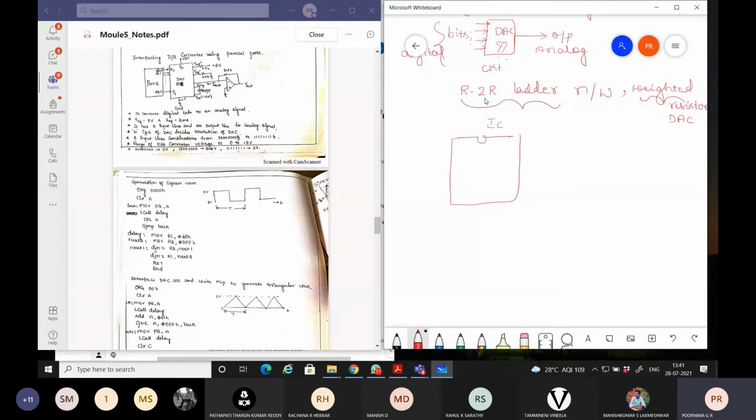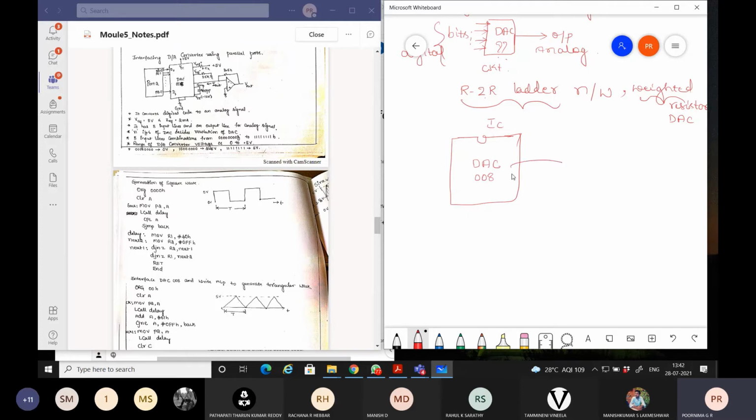It may have an R-2R ladder network based circuit embedded in it, or they might have gone for a weighted resistor DAC. The IC number which does the function of digital to analog conversion is 0808. So this is a digital to analog converter IC.